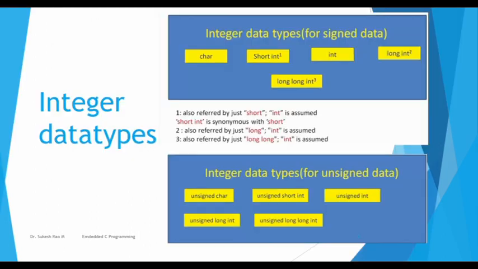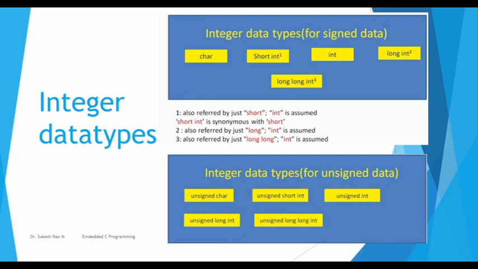If you categorize further, integer data types again have different varieties. They can be considered as unsigned or signed. Signed and unsigned numbers are treated separately in programming, especially for the controller.